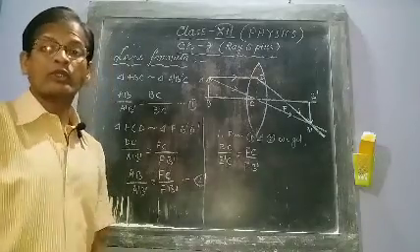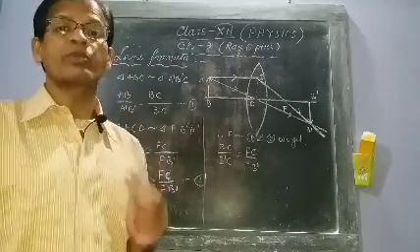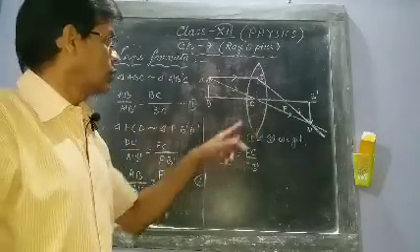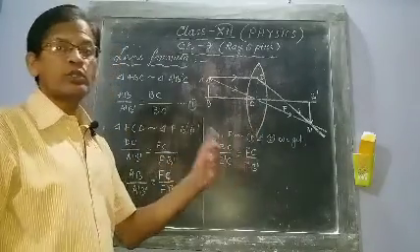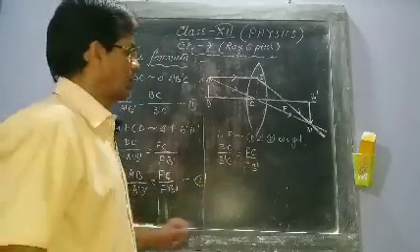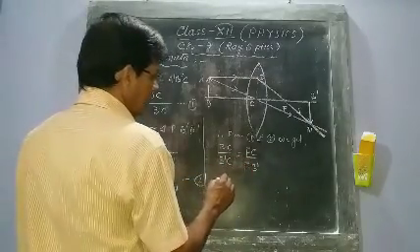But according to sign convention, all distances should be measured from the optical center. So this should be related to C. This is related to C, but this is not C. So you relate it with C.